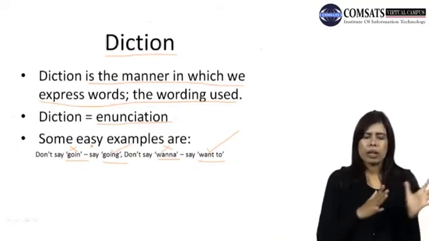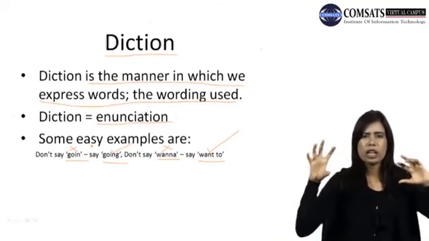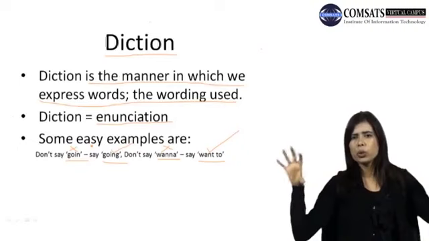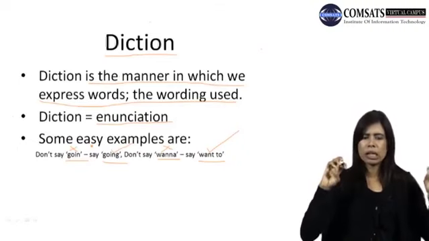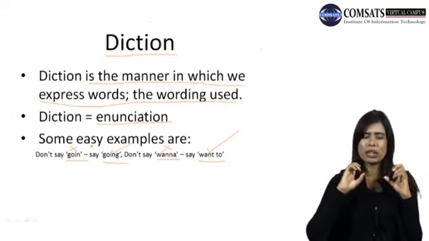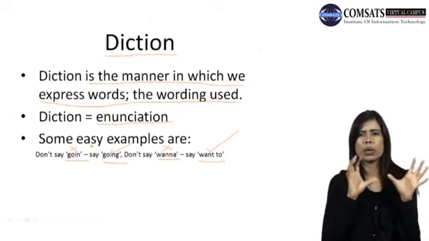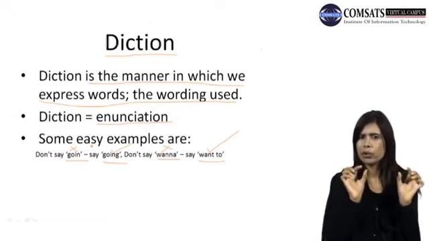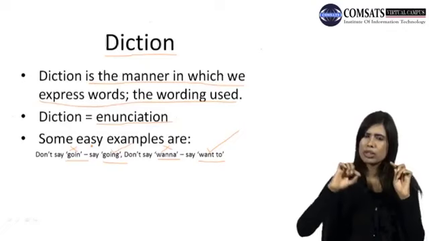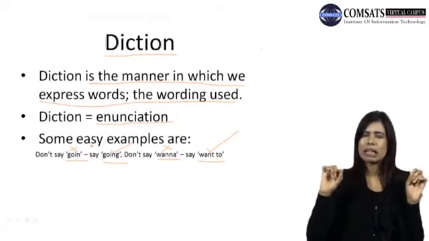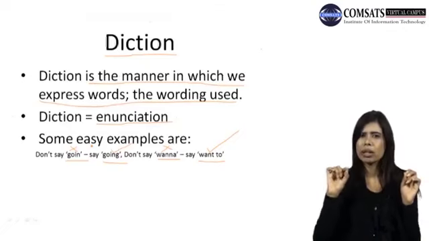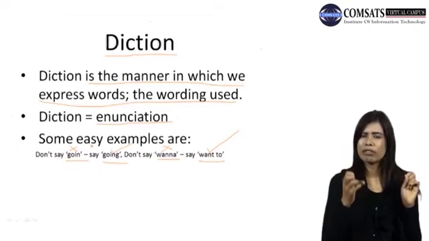my dear, for example, this is a very easy example, and we use it every day as well. Don't say goin'. Here you can see going. In this very word, the spelling is G-O-I-N-G, and the exact pronunciation is going, and you can feel the g sound at the end of the word as well.